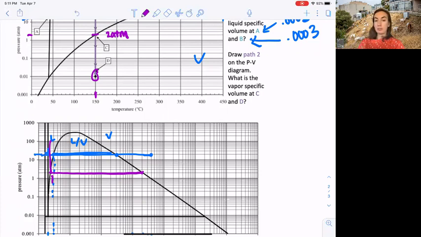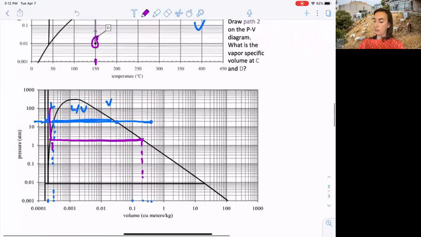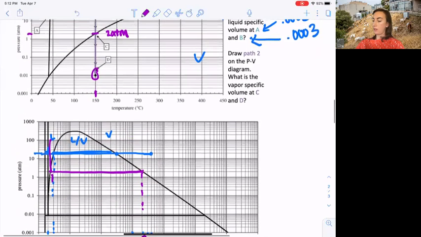The vapor specific volume is what is the specific volume of the vapor phase, and that will be the same as if we had pure vapor, what is the specific volume of our total thing. And so we can read that over here off our envelope, and we get 0.2. So the vapor specific volume at C is 0.2 meters cubed per kilogram.